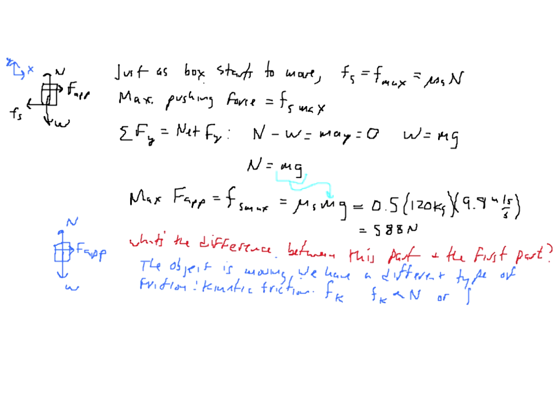Or we can change that proportionality into a constant. F sub K is equal to mu sub K, some coefficient, times the normal force.